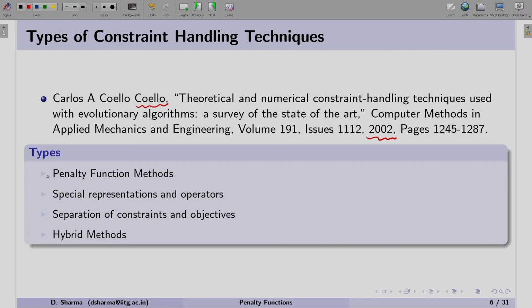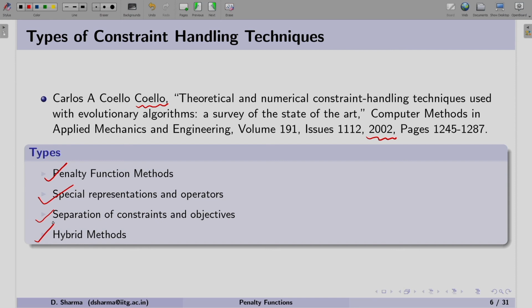For example, we can have penalty based methods, we can have special representation and operators so that we can find feasible solutions. Similarly, we can have separation of constraint and objectives, and finally we can also come up with hybrid methods. So since there are various methods available, some methods we can use directly in our formulation.